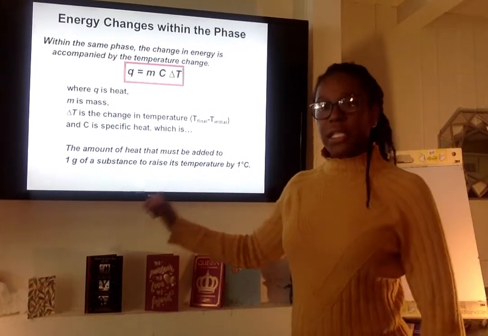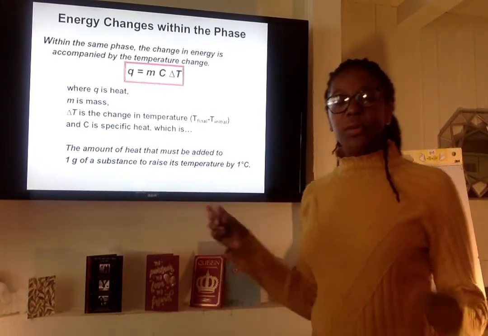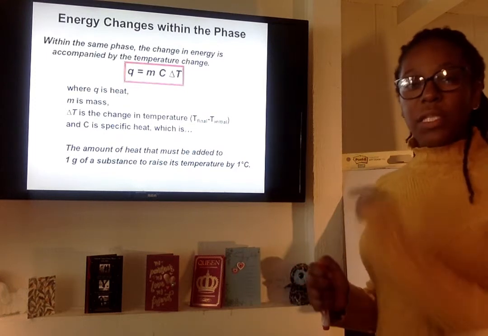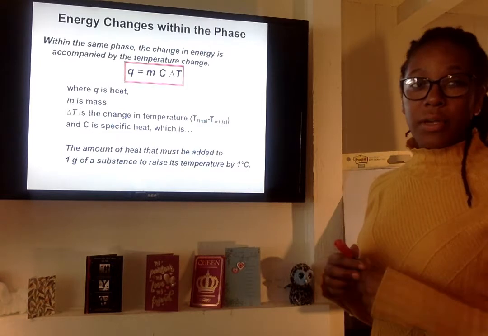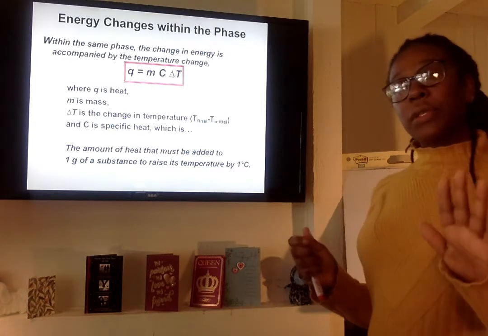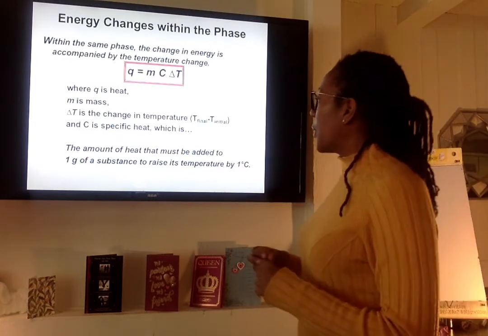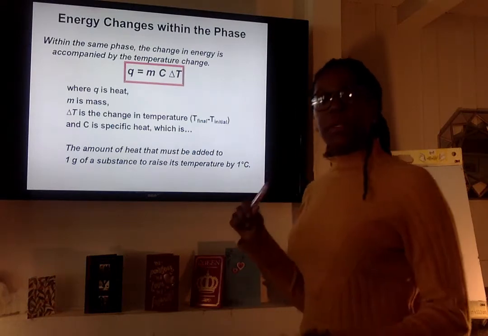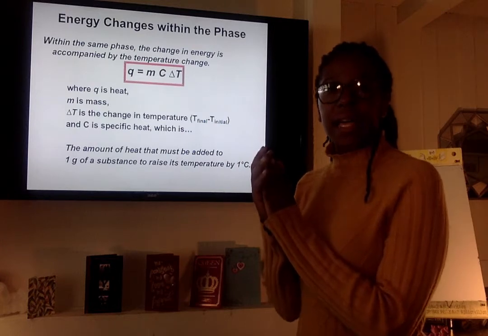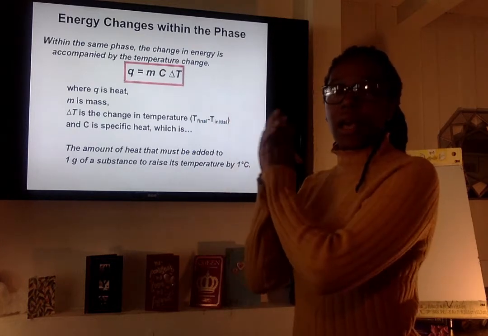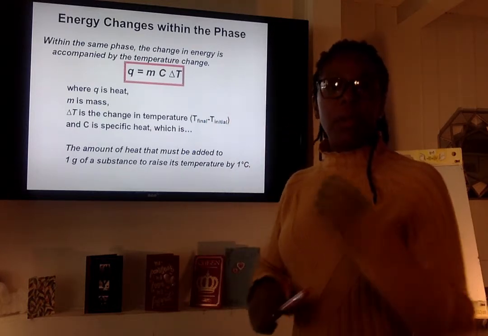We've actually discussed this before, right? First of all, specific heat is a value that you aren't going to have to know. It's always going to be given to you, so don't worry about that. But the concept of specific heat is how much heat I need to add to increase the temperature of this substance by 1 degree.